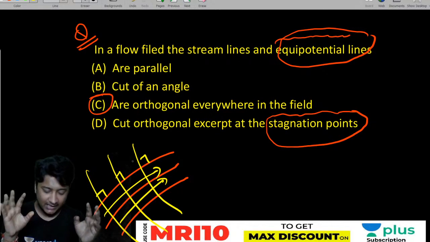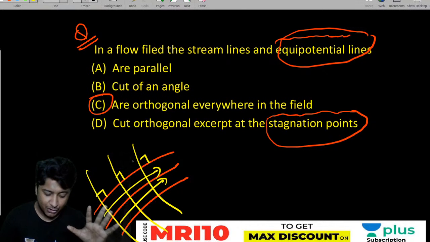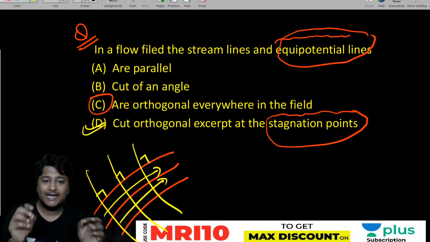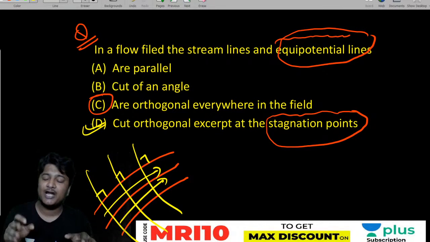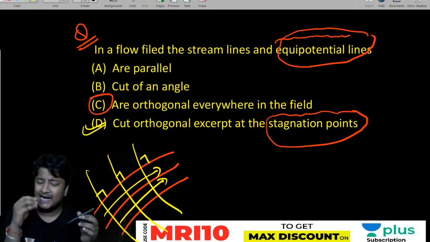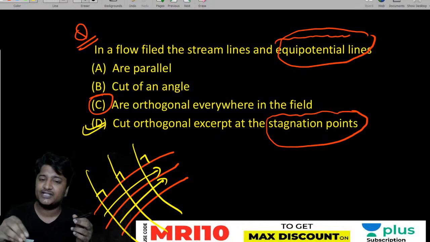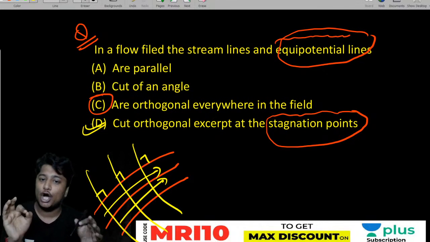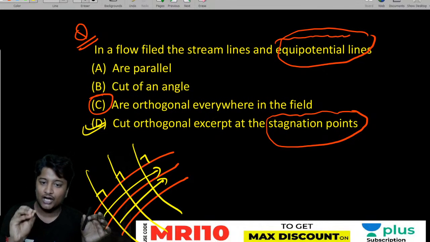I hope the stagnation point concept is clear to you. So the answer will be D. It cuts orthogonally except at the stagnation point. Stagnation point पे आप streamline ही draw नहीं कर पा रहे हो. How can you make them orthogonal? At a stagnation point, velocity is zero. You will not be able to make a streamline. In that case, option D will be the most appropriate option. I hope it is clear to all of you.